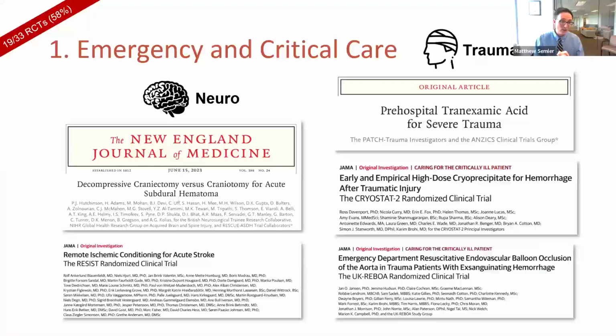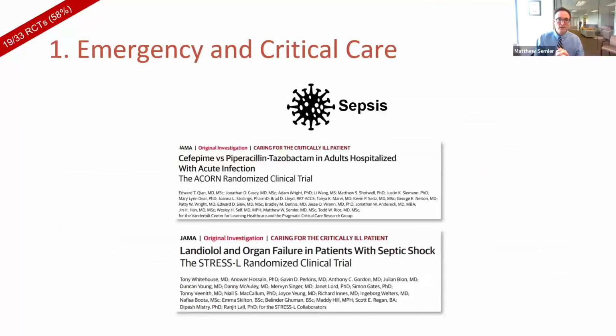So you can see here randomized trials of patients being treated for acute subdural hematoma, acute stroke, patients with exsanguination or severe hemorrhage. Next slide. And then patients presenting to an emergency department or an intensive care unit in these trials comparing available treatments for severe infection like sepsis.